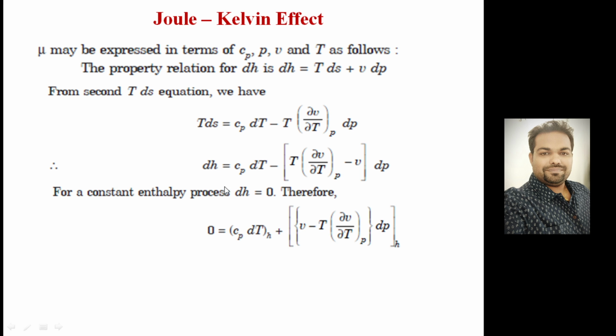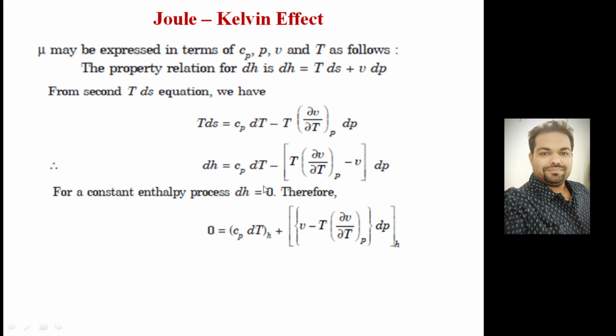For constant enthalpy, dH is equal to 0, and in place of the term T (dou V by dou T) at P, we can substitute the value using this expression. Or if you don't want to substitute, just solve this, and at the end we can substitute the value.